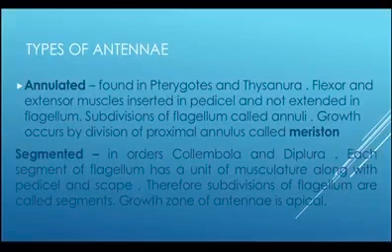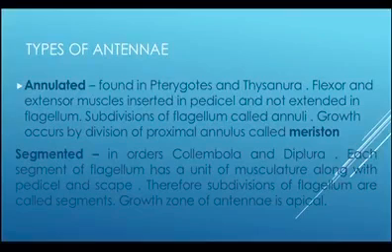The growth of the annulated antenna occurs by the division of the very first, that is the basal annulus, which is called as meristome. The more primitive type of antenna is the segmented type, which occurs in the two apterygote orders, order Collembola and order Diplura.